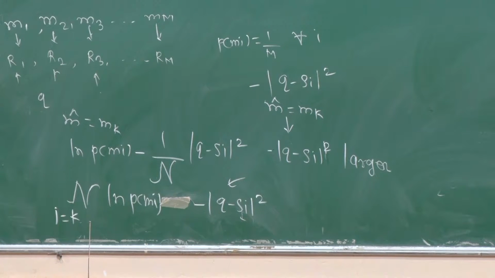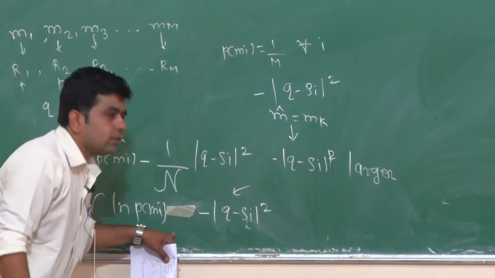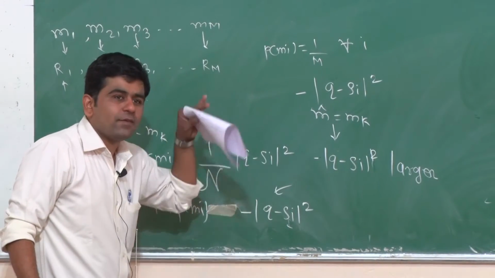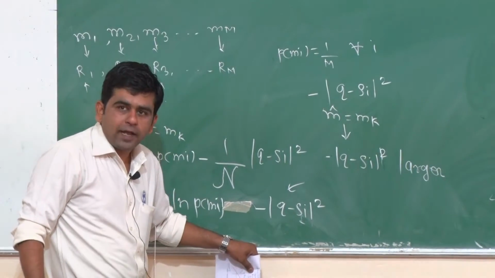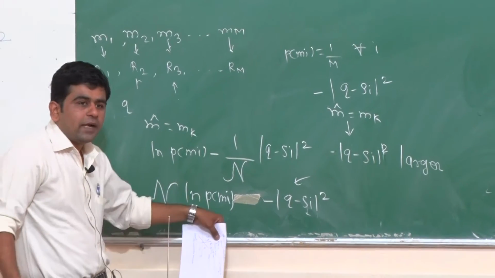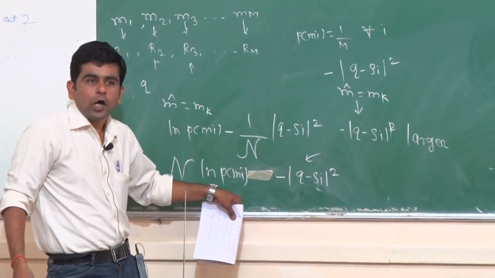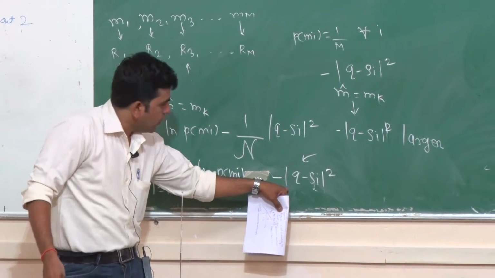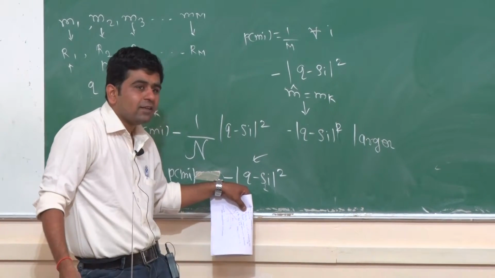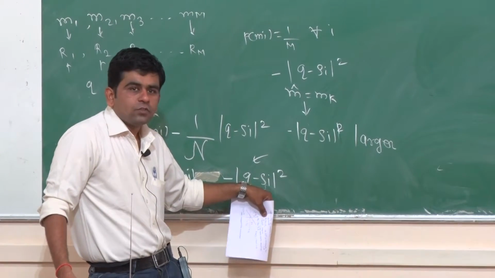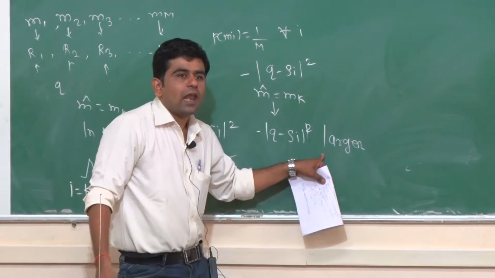To get a correct decision, that is M cap is equal to Mk, the probability of correct decision should be larger. The decision rule should give a maximum value. For the equiprobable case, this quantity is constant and common for all i, so we ignore it. Finally we get minus norm of Q minus Si squared, and this quantity should be larger.